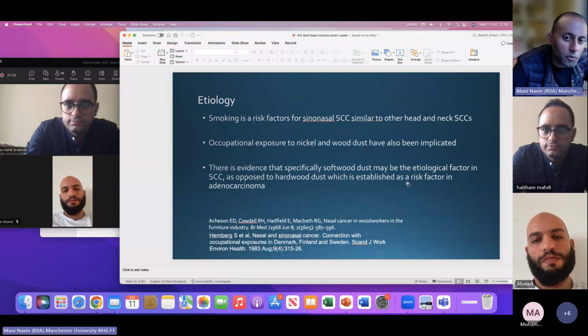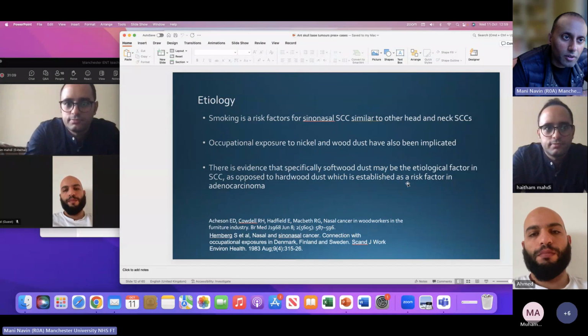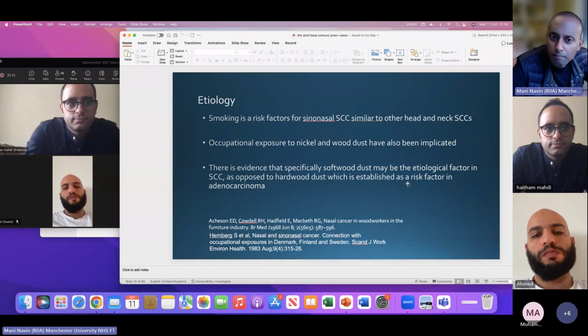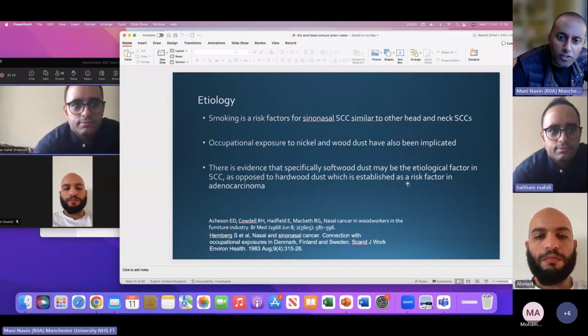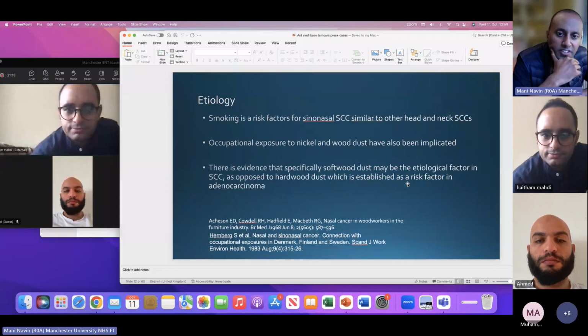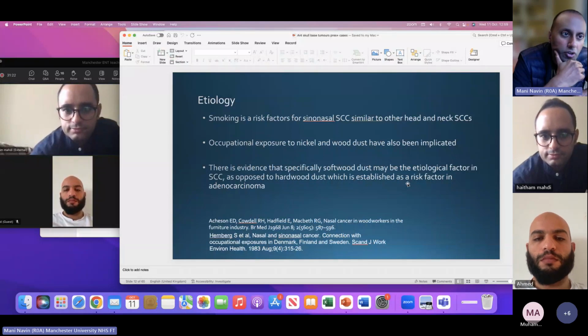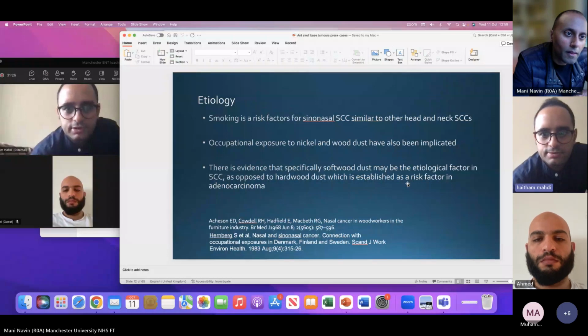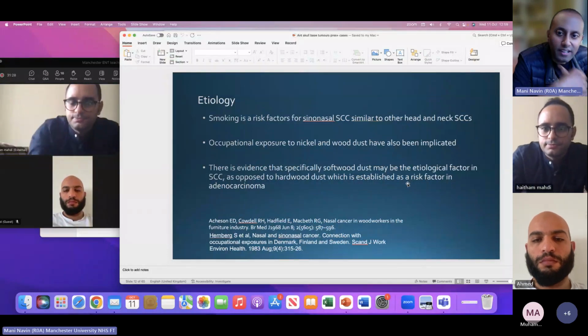You sometimes see people who are woodworkers who have developed paranasal sinus cancers. This paper, the Acheson paper, 1968, is a classic paper in a medical journal. It's like the paper that linked smoking with lung cancer. A big seminal paper, this link.